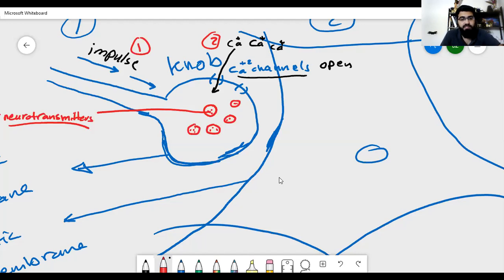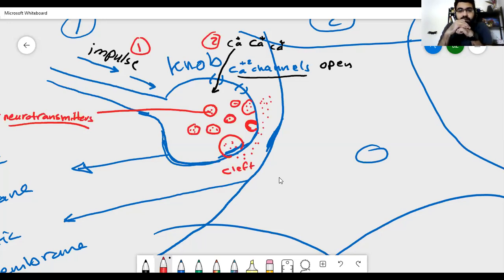This helps the vesicles containing neurotransmitters fuse with the presynaptic membrane and release the neurotransmitters outside, into the space between the two cells. This space is called the synaptic space or synaptic cleft.